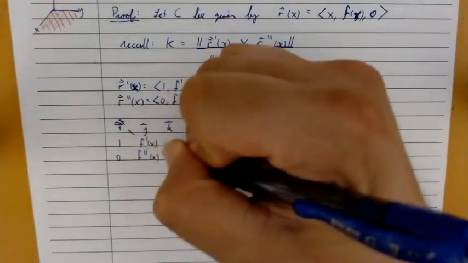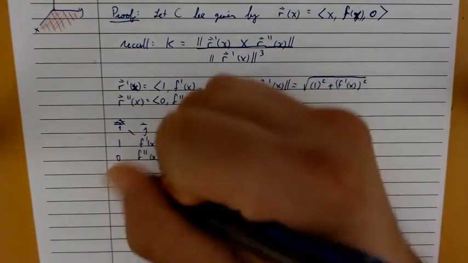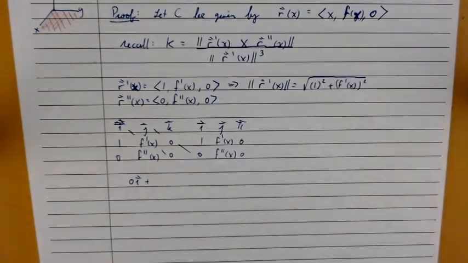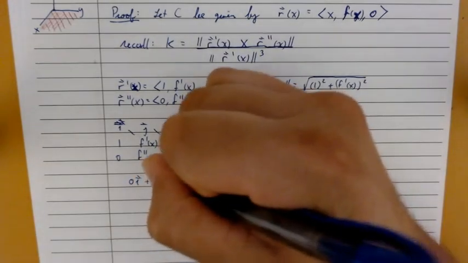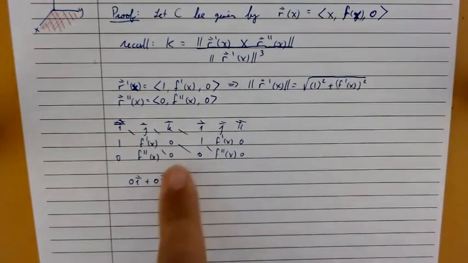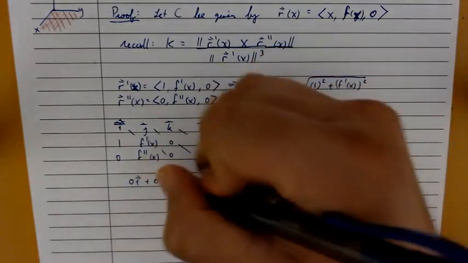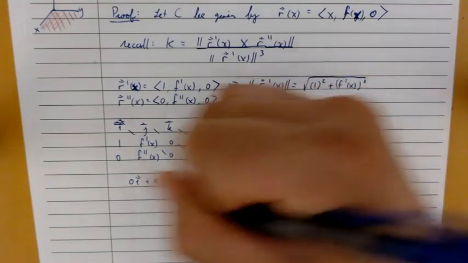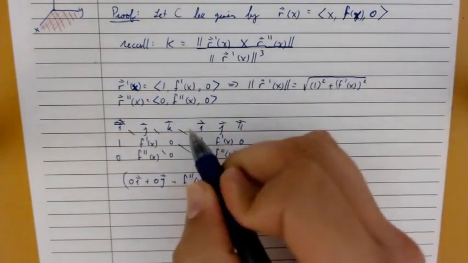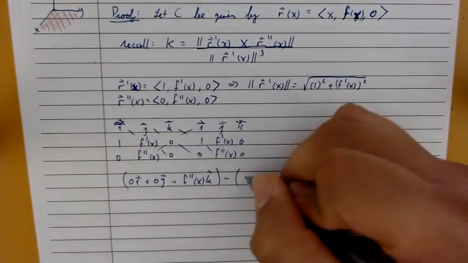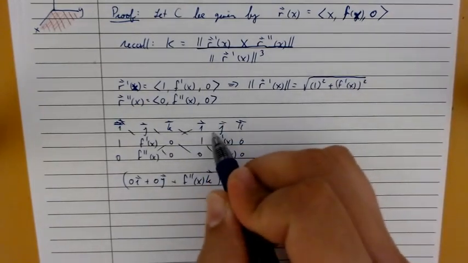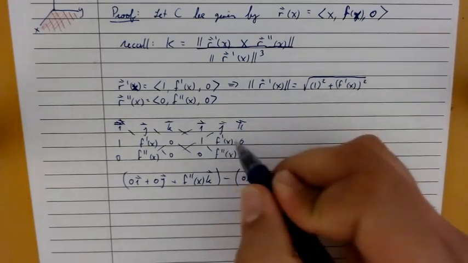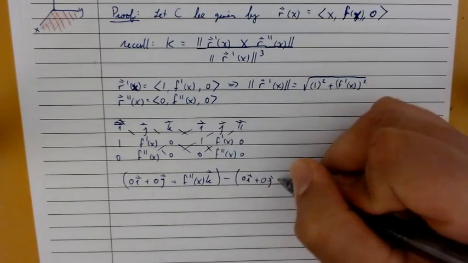This will be, well, that's 0i plus, well, looks like that's 0j plus, that's 1 f double prime k. Minus, that looks like that's 0i, and that's 0j, and that one's 0k.